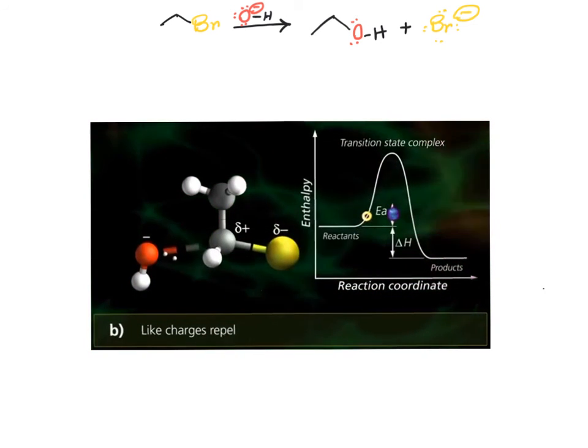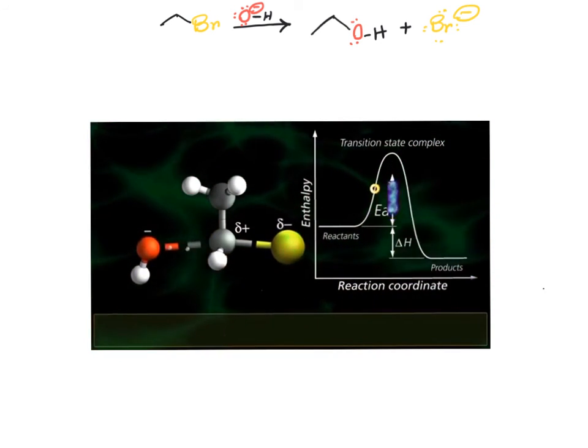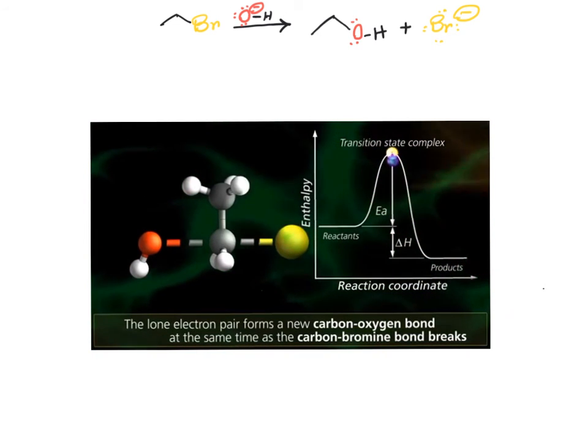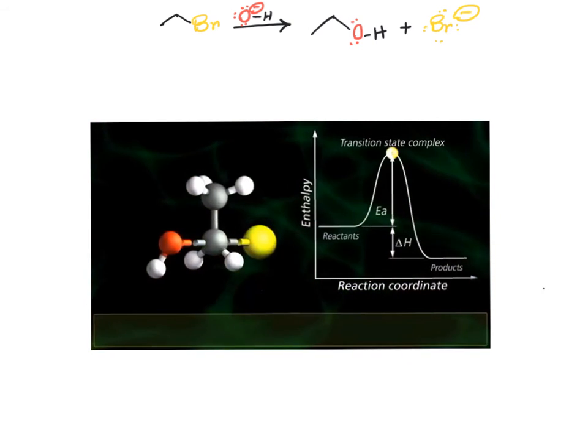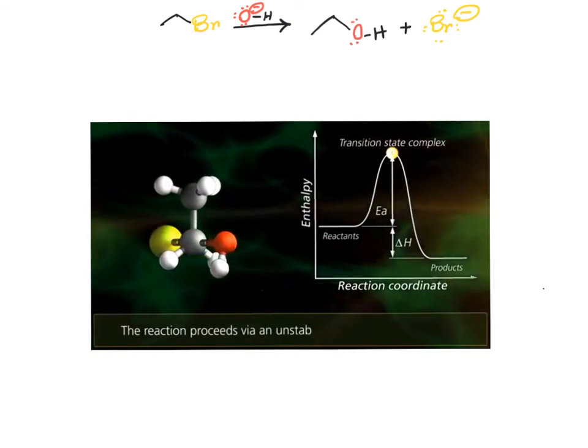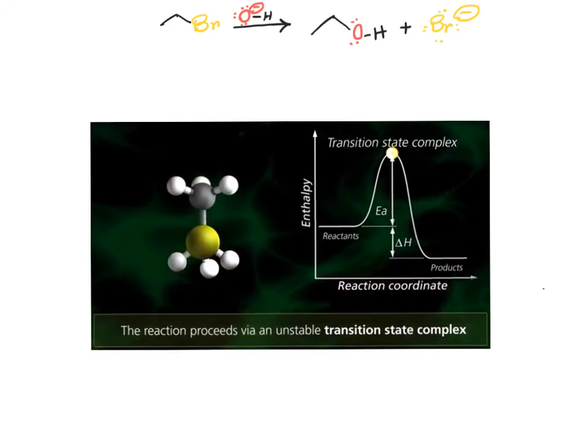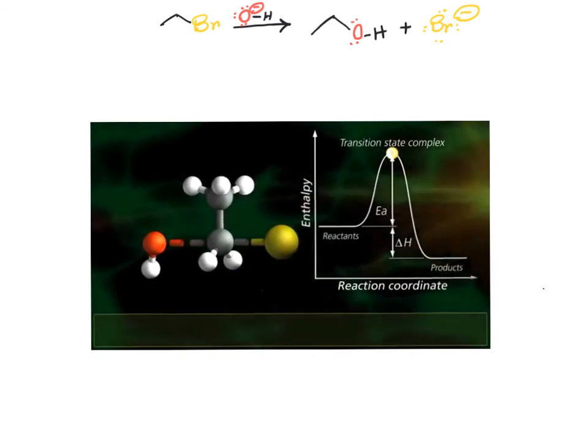So as you can see, a sigma bond starts to form between oxygen, the red atom, and alpha carbon, and the bond between alpha carbon and bromine, the yellow atom, starts to break, and a transition state forms.